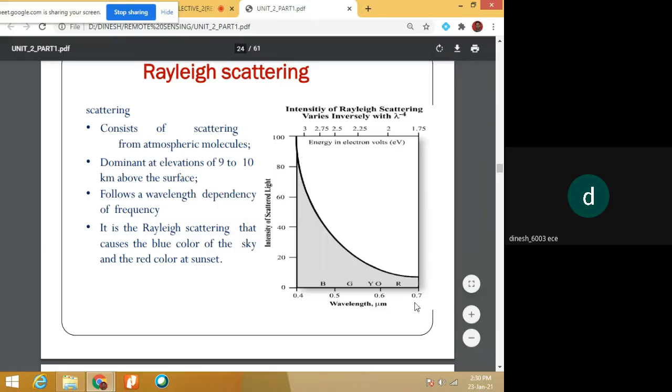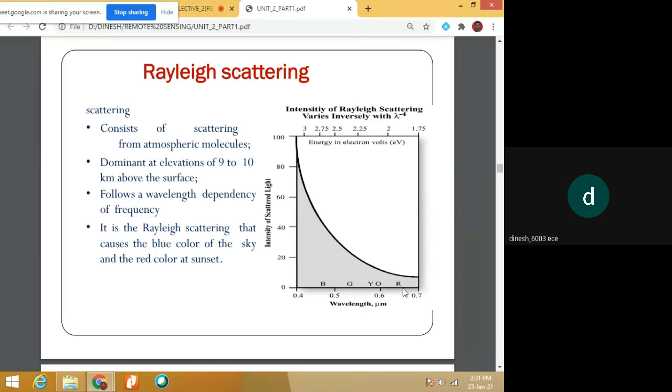You can see that wavelength is put on the x-axis, from 0.4 to 0.7, where the visible light spectrum is taken: blue, green, yellow, orange, and red. The variation is from 0.48 micrometer to 0.67 micrometer wavelength. The intensity of scattered light will be higher near 0.4 micrometers, where the energy in electron volts is above 3.